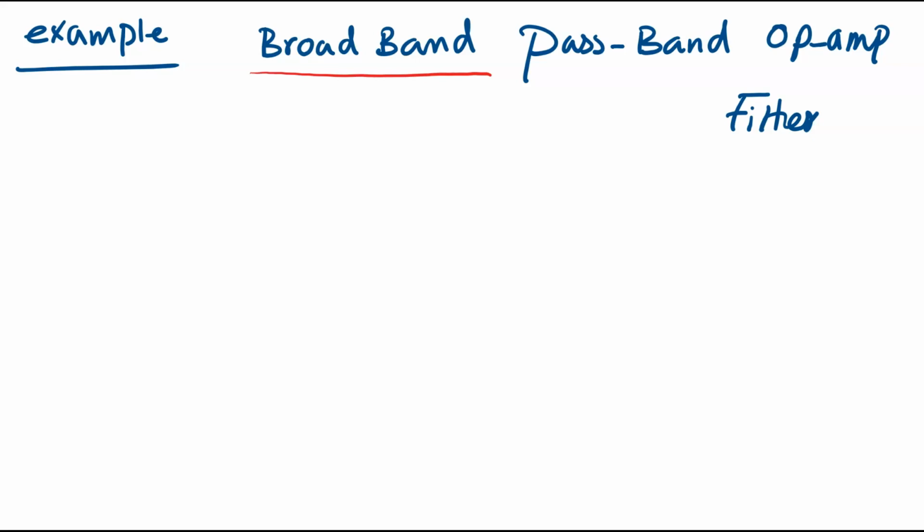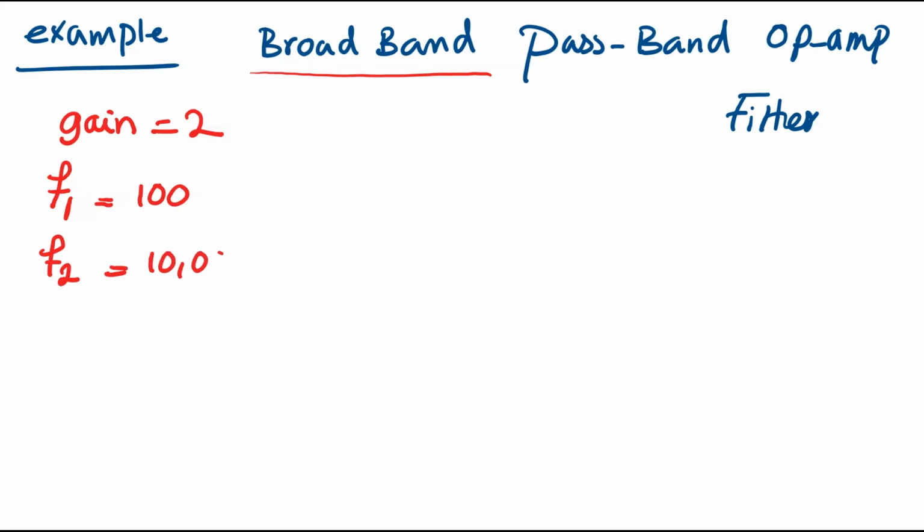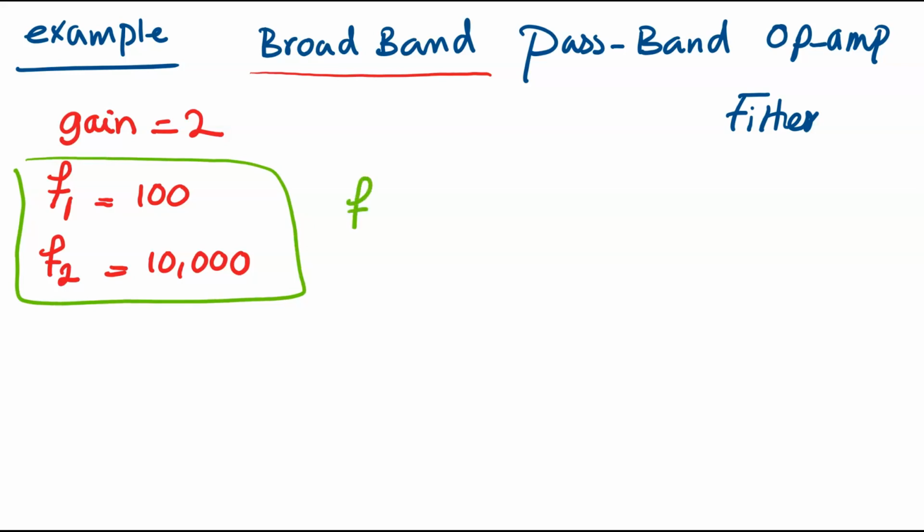The parameters of the filter that we are looking for are as follows. We need a gain equal to 2, a cutoff frequency f1 equal to 100, and our f2, the second cutoff frequency, equal to 10,000. Here you can see that the cutoff frequencies are broadband, so f2 is much greater than f1.